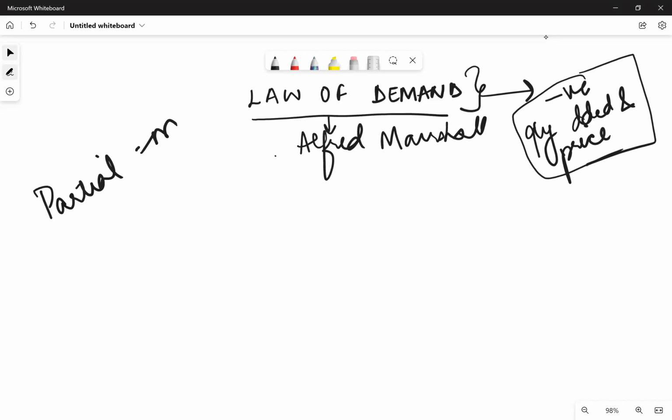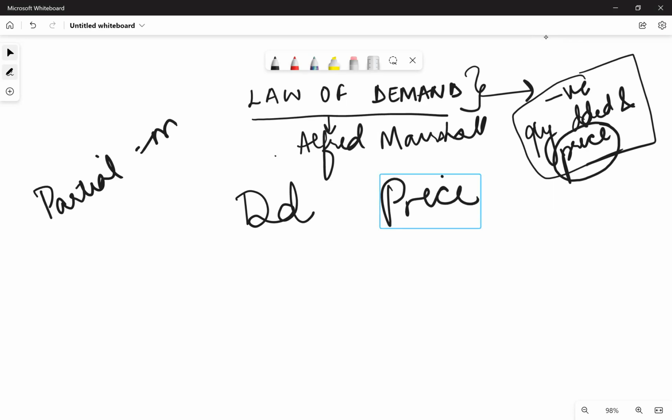And simply because we are just taking the price factor into consideration, and other factors like income or prices of related goods, etc., are kept constant. So when we are just trying to identify the relationship between demand and price, keeping other things constant, that implies that the law of demand is your partial equilibrium analysis, right?